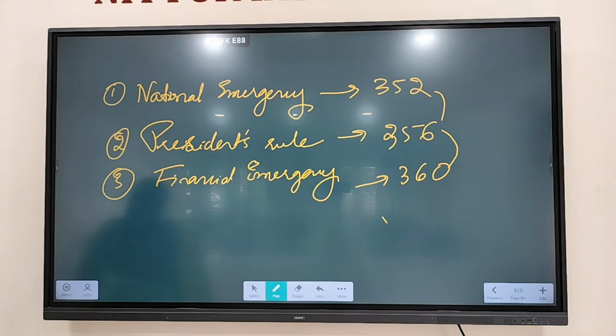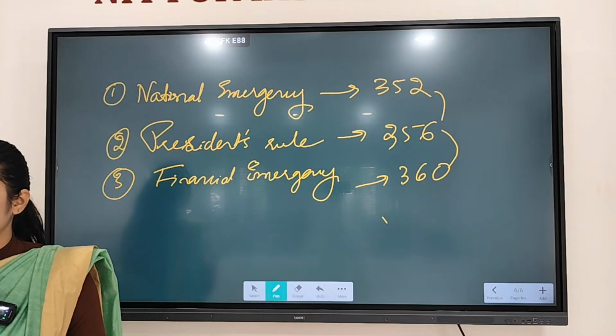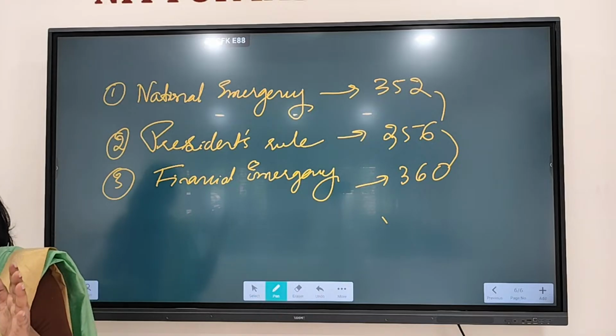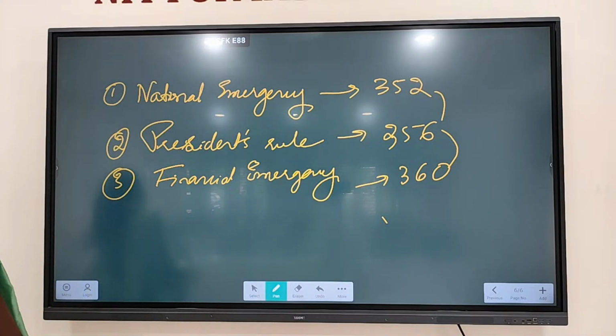Full stop. Okay. By this we have completed this chapter. Salient features of Constitution. What was the first point? Lengthiest written Constitution. Which is that? Indian Constitution. Next point. Sources drawn from the other Constitutions. Third one, rigid and flexible. Indian Constitution is neither rigid nor flexible.